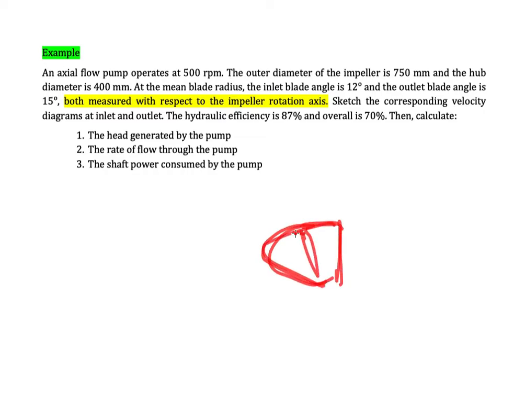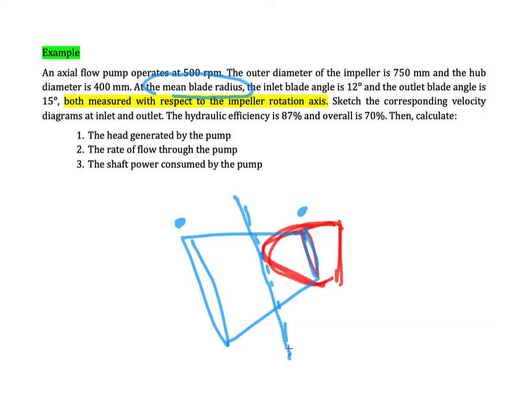So this is the blade, for example, but we only need to calculate at mean blade radius. So we need just to calculate on the middle point here, not at the hub and not at the tips. So means that you need to calculate what is the radius of this line.